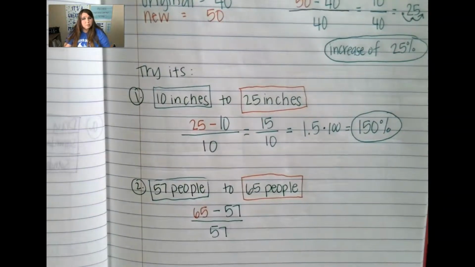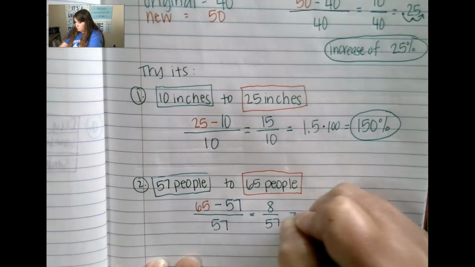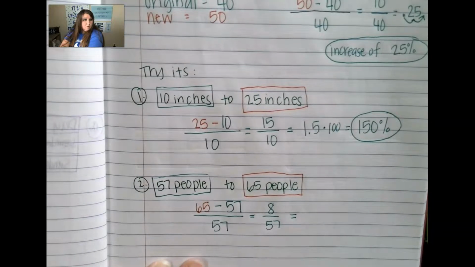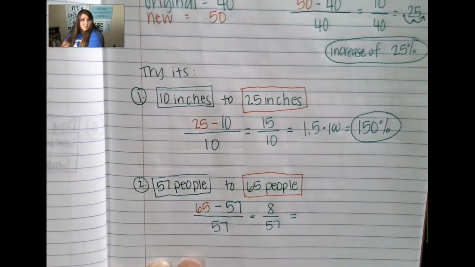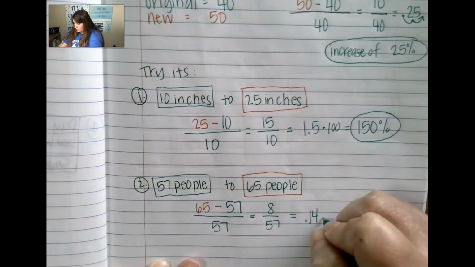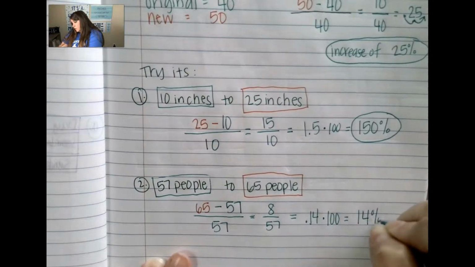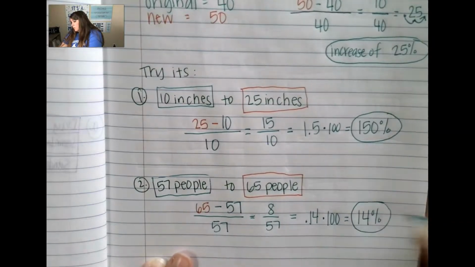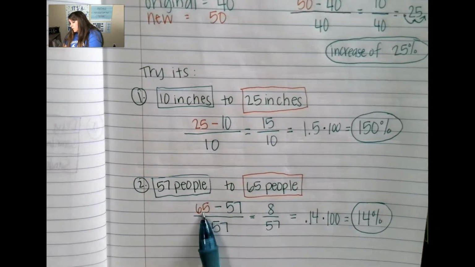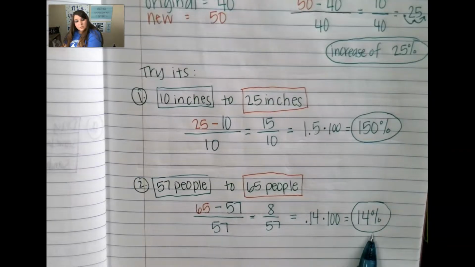So let's go ahead and find our percent of change. And that gives us 14%. So our increase, we went from 57 to 65, our increase is 14%.